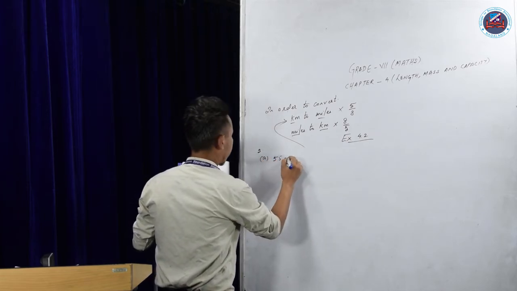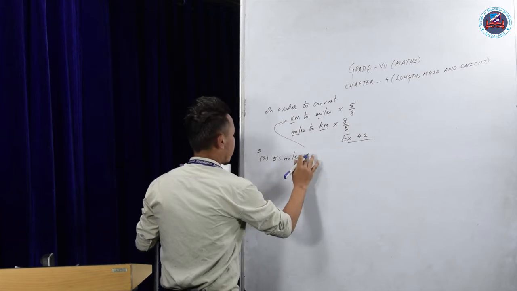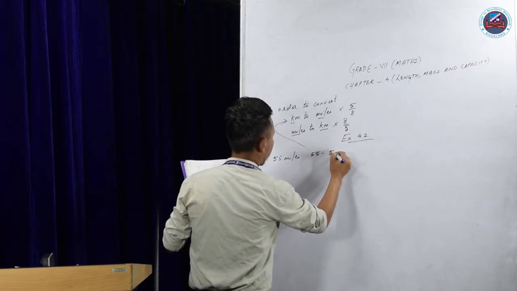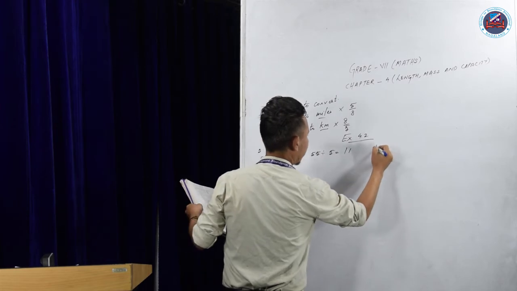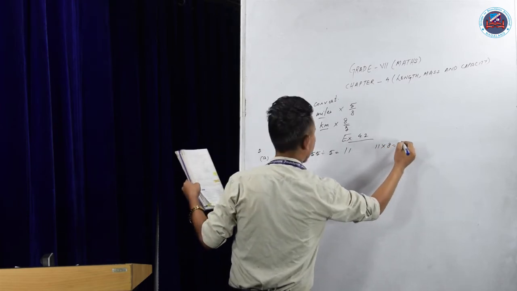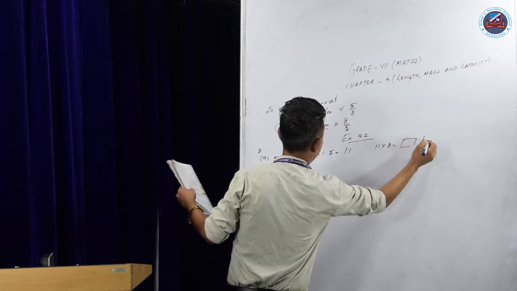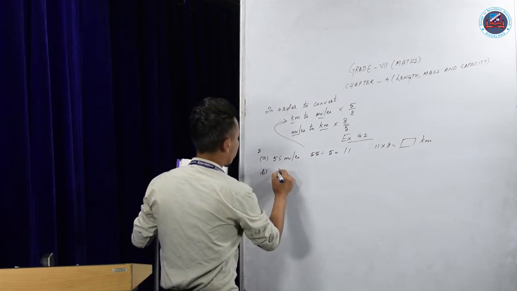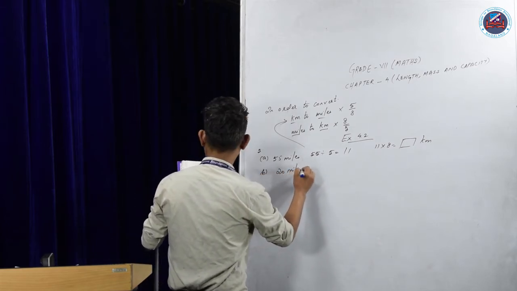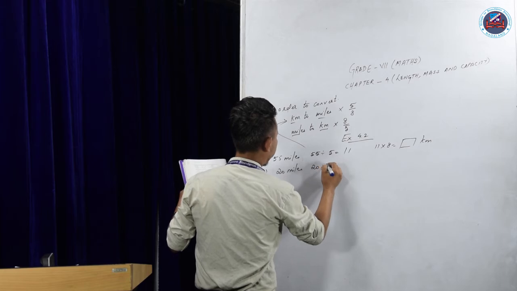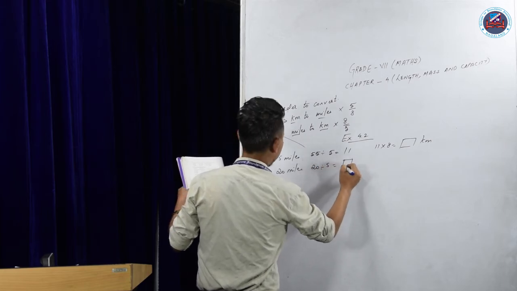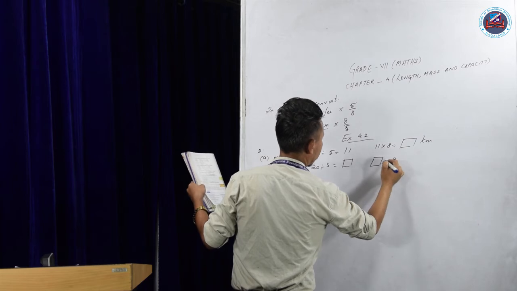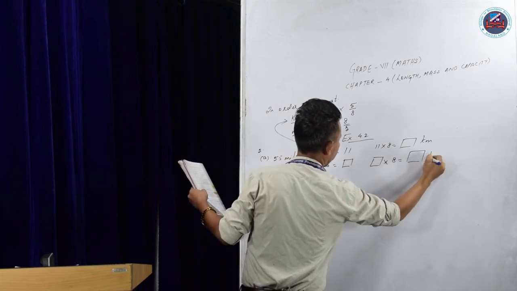A, 55 miles. 55 divided by 5 equals 11. 11 into 8 equals box kilometers, right? Number B, 20 miles. 20 divided by 5 equals box, and box into 8 equals box.